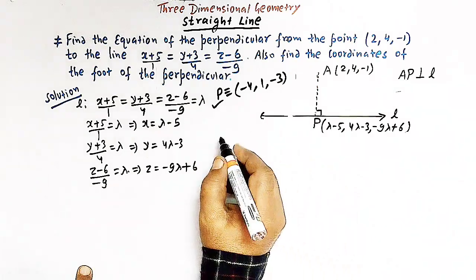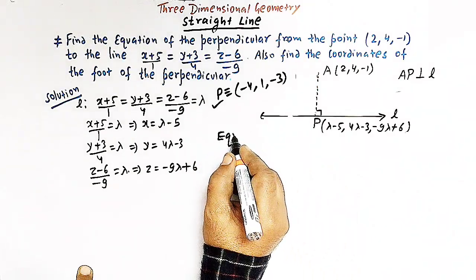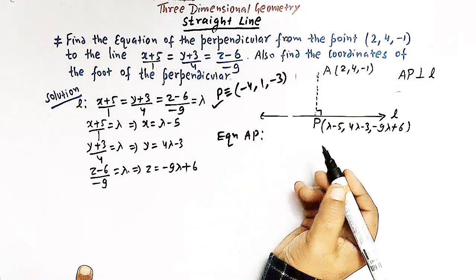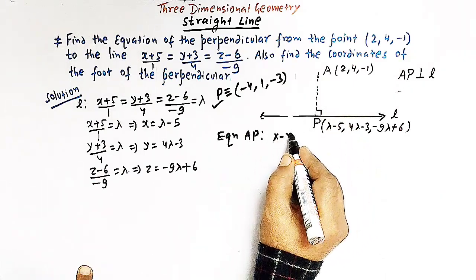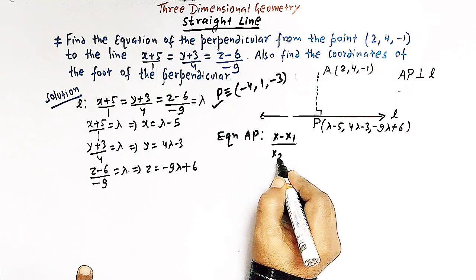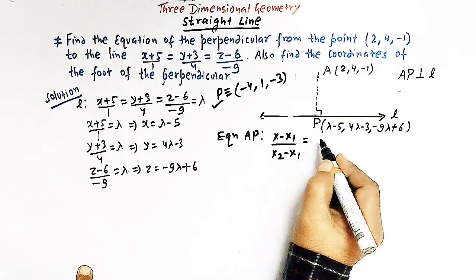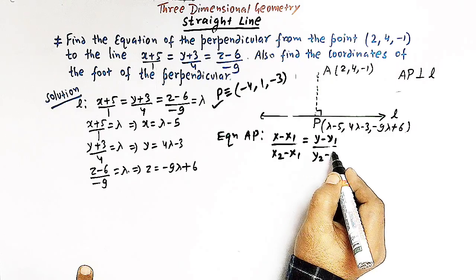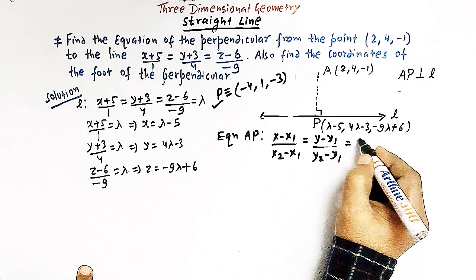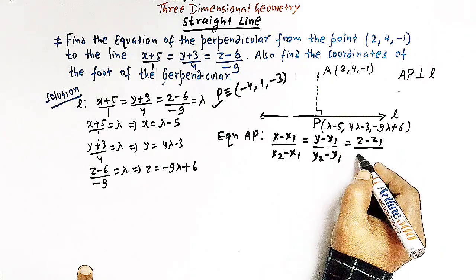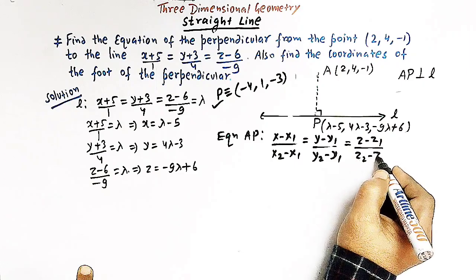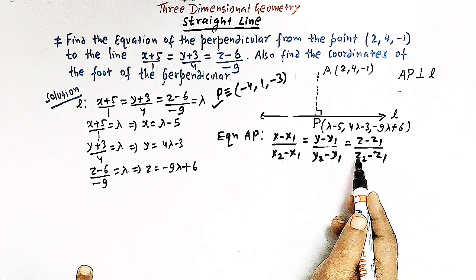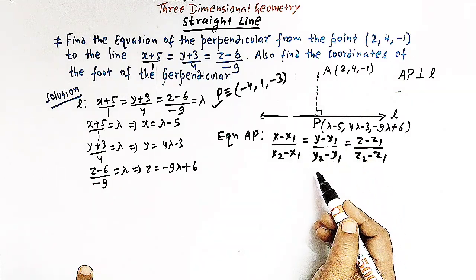So now the equation of this perpendicular AP can be written as x minus x1 over x2 minus x1 equal to y minus y1 over y2 minus y1, and z minus z1 over z2 minus z1, right? So this is the 2 point form of the equation of a straight line.